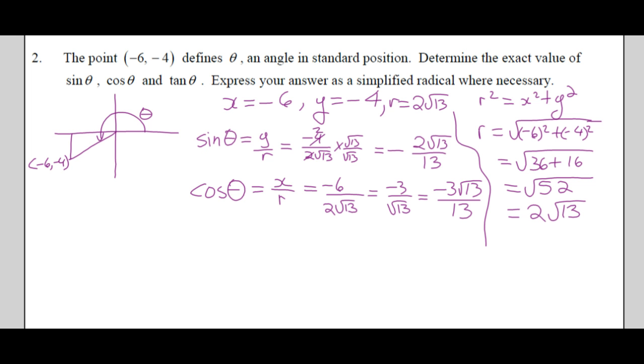We take care of the 2 and the negative 6, and then we know what's going to happen: you multiply by root 13 over root 13, you get a root 13 on the top, and the denominator becomes 13. Tan theta does not require any special work. Tan theta is y over x, which is negative 4 over negative 6, which is positive 2/3. We have a negative divided by a negative.